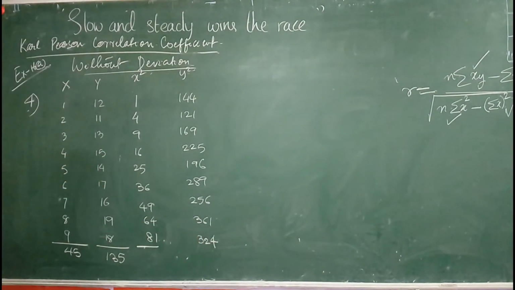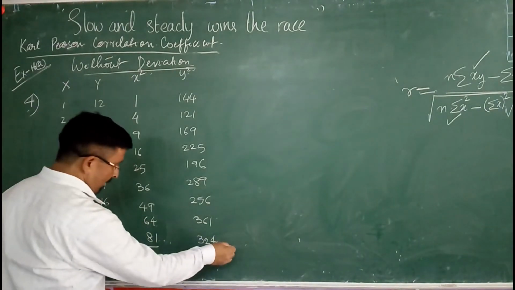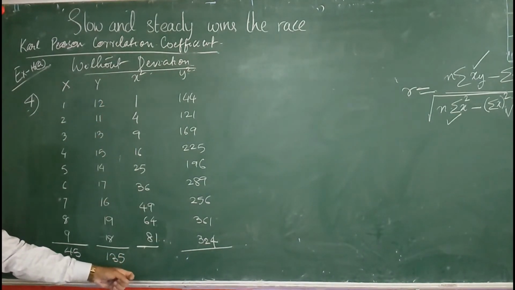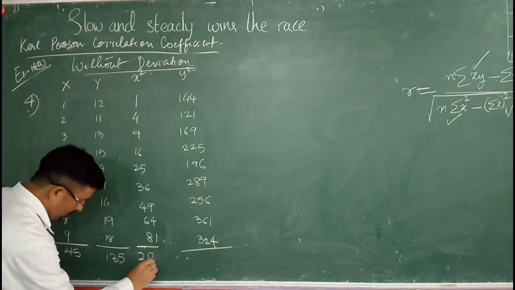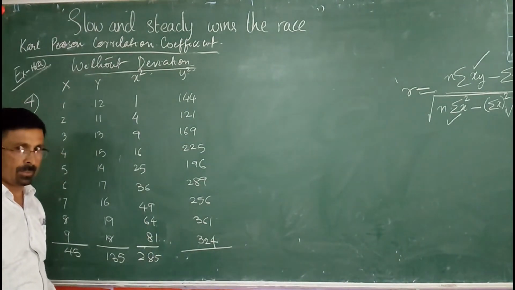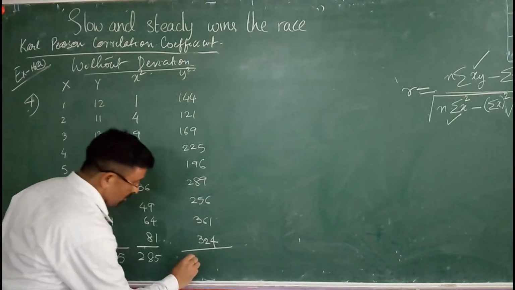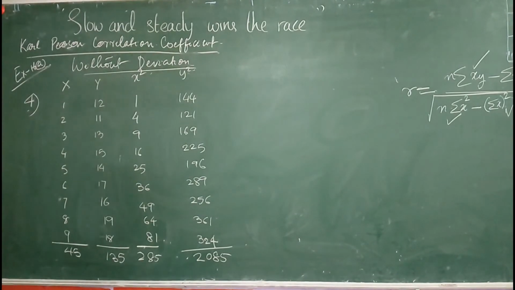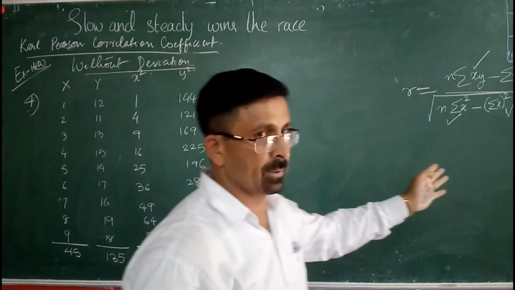These are all the squares, right? Now, I want you to give me the sum of all these also. So, what was the sum of this x square? 285. Now, give me the sum of all this. 2085. So, now we have calculated everything that we require for the given formula.